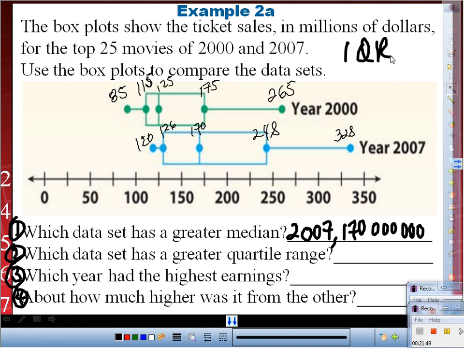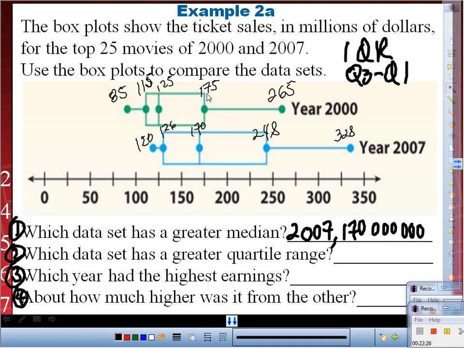All right, Pamela, how do we find the IQR? Okay, Abraham. So Q3 minus Q1. That's how we get the quartile range.